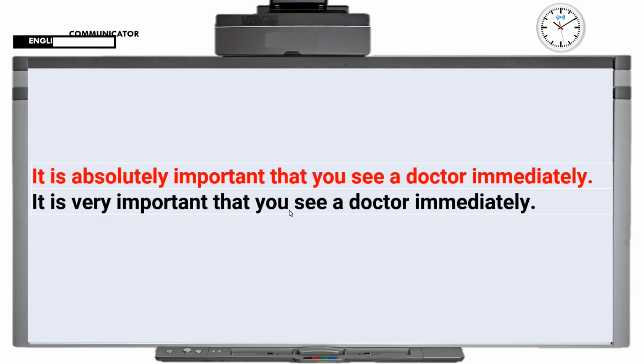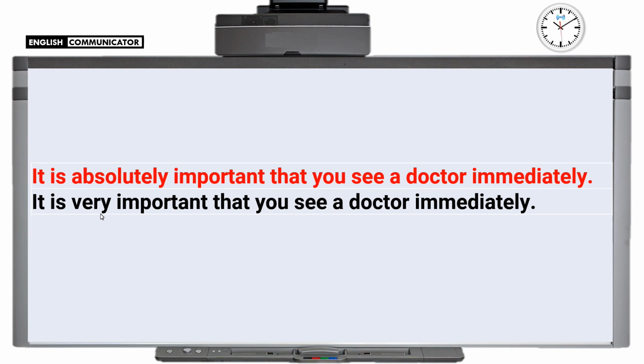Next sentence. It is absolutely important that you see a doctor immediately. It's wrong. Why? It is very important that you see a doctor immediately. You are just telling information, not a religious information or a speech or a dictation. It's not absolutely important because somebody is not making an argument with you.